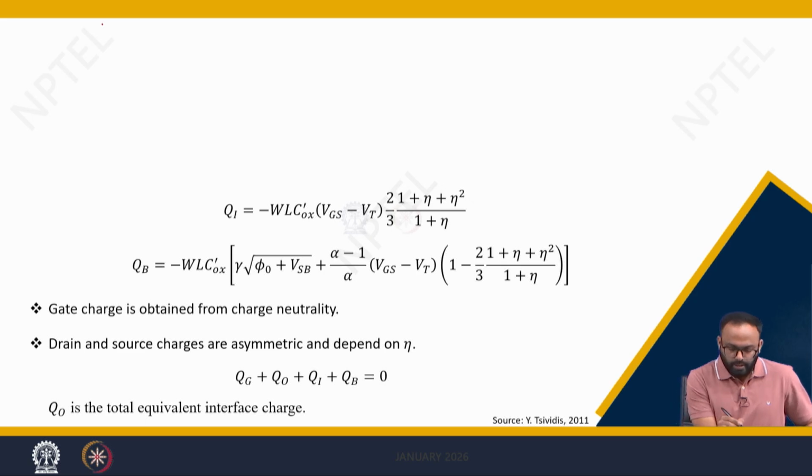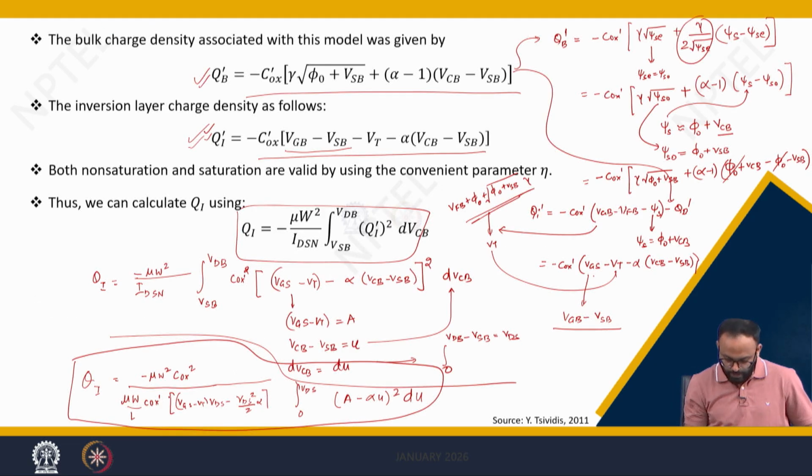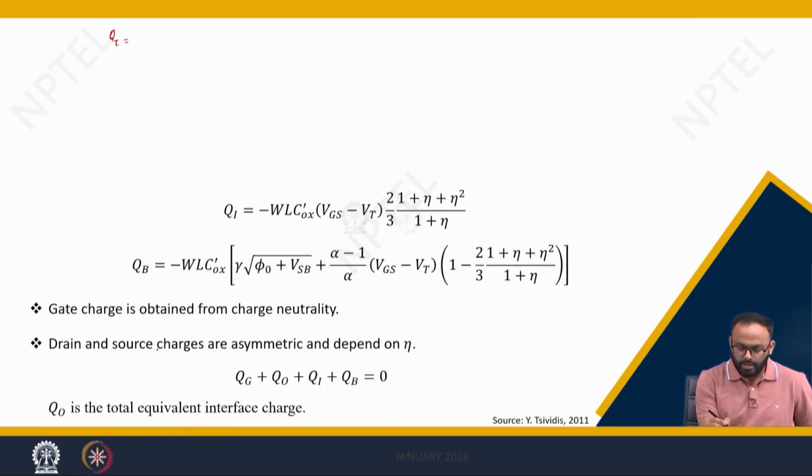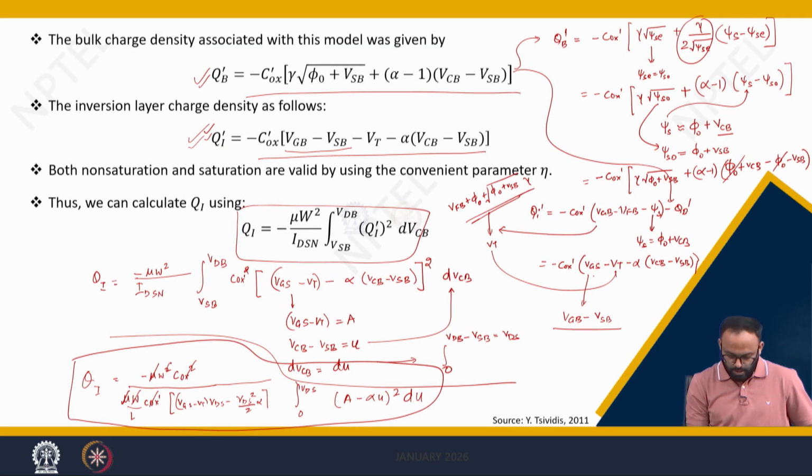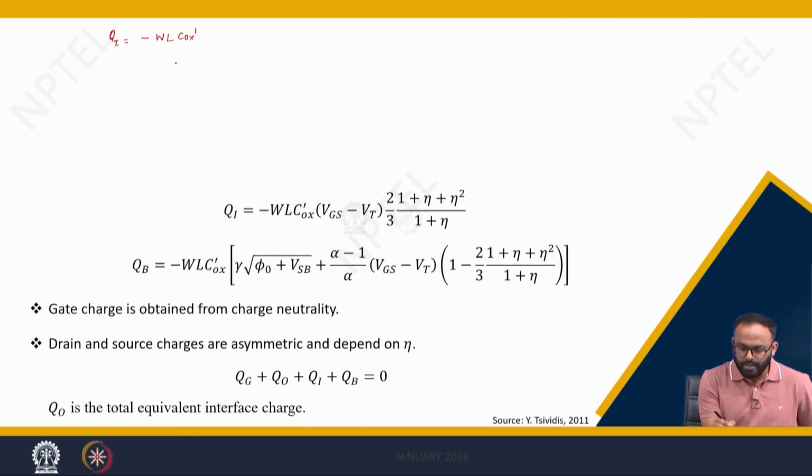Again we will get Qi is equals to, if you see carefully, this mu and mu get cancelled, W and W get cancelled, one Cox will get cancelled and L will go in numerator. So, you will end up with minus W into L into Cox dash divided by Vgs minus Vt into Vds.